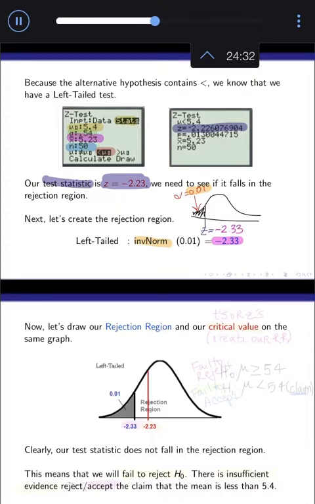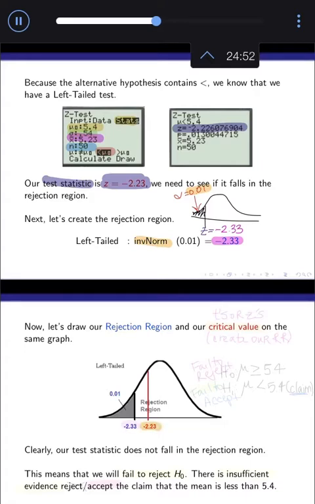Now I need to use this rejection region that I just drew and my test statistic and see where the test statistic lands on my new picture. Our test statistic from our calculator came out as negative 2.23.